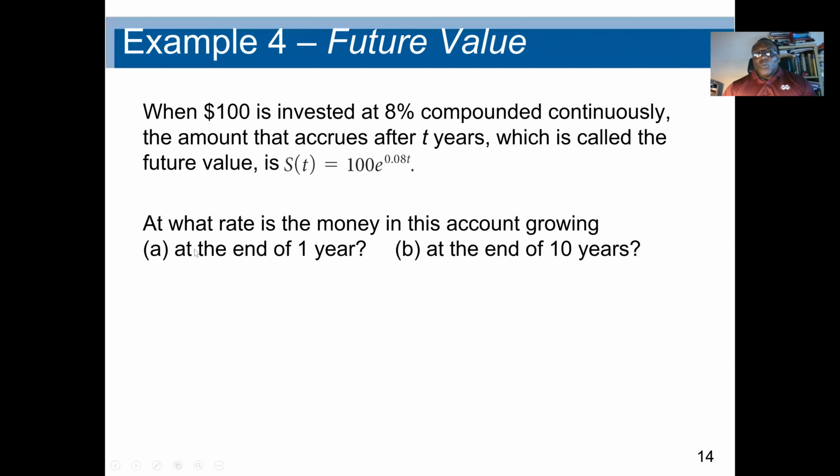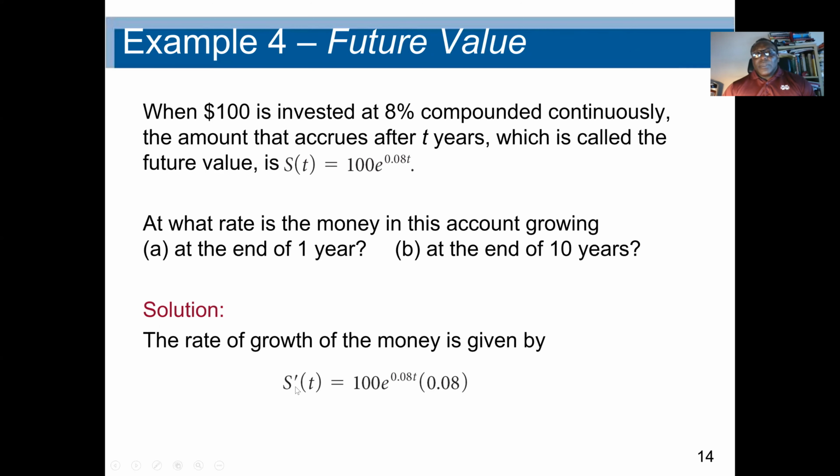Now the question says, at what rate is the money in this account growing at the end of 1 year? The rate. So this means we have to find the derivative of this equation. First thing, we find the derivative of S. By looking at it, I have a constant value, so I'll leave the 100.